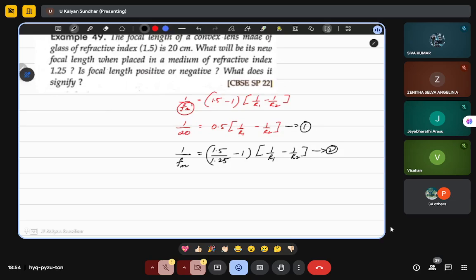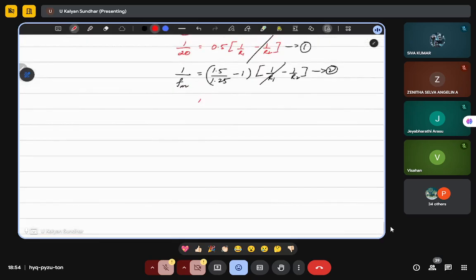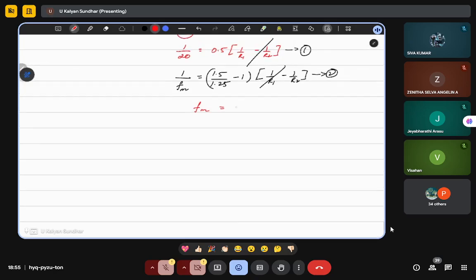Divide these two equations, so this will get cancelled out. From here you can directly find your Fm value. So Fm will be 0.5 into 1.25 divided by 0.25.